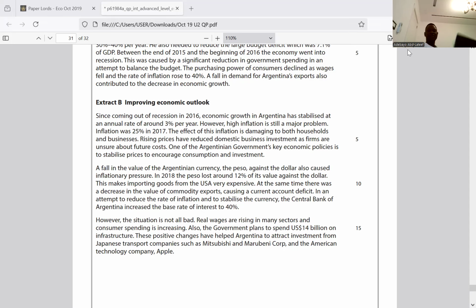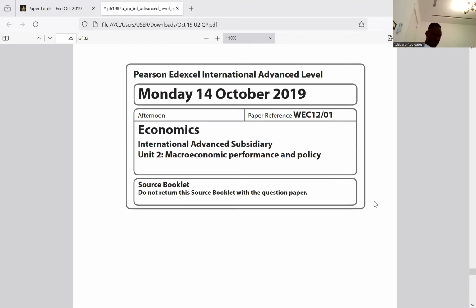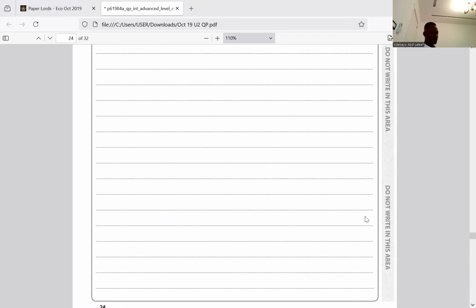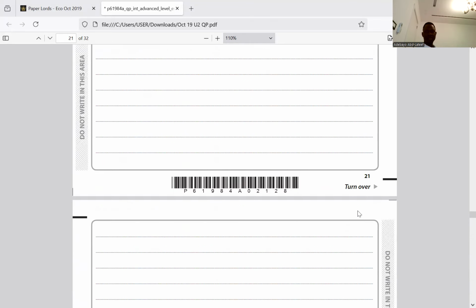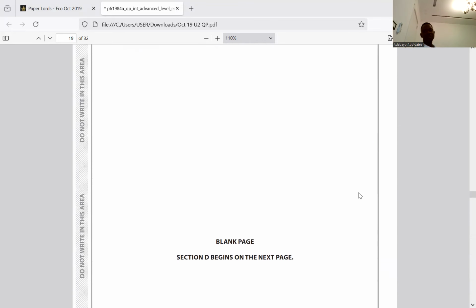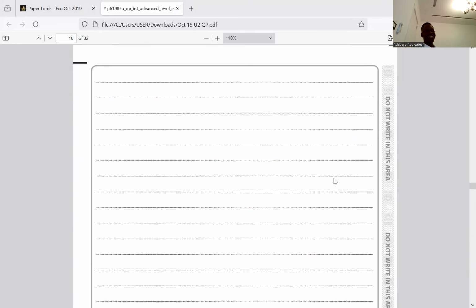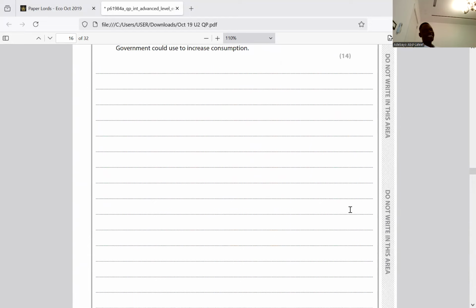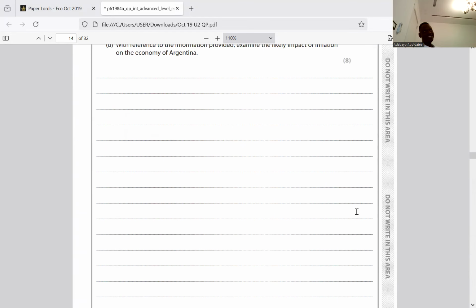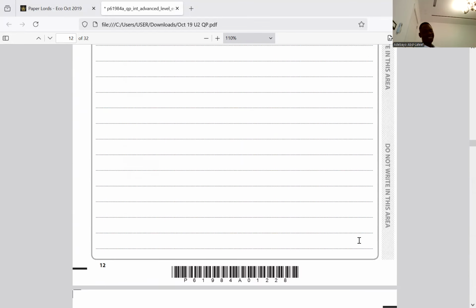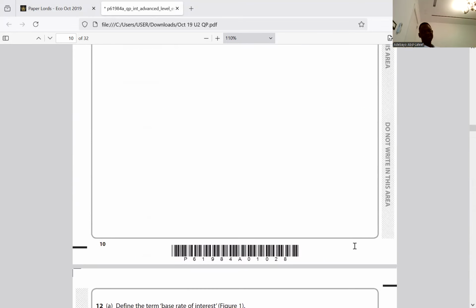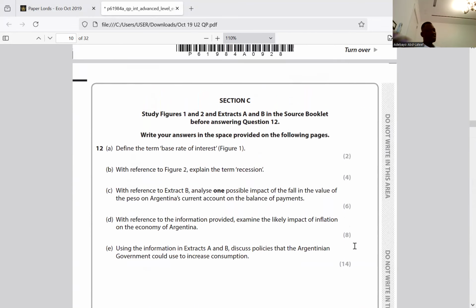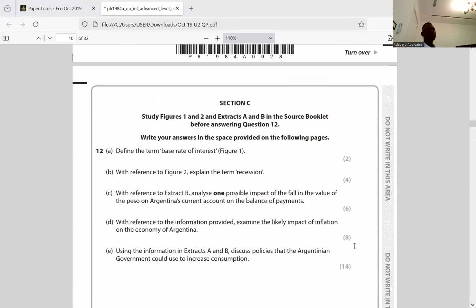So question 13 now. Did I do 13 or 14? No, I did 14. I started with the 20 mark question. That's a good idea though, because it saves you time to come back to those ones. Question 13, 14 is an open-ended question.